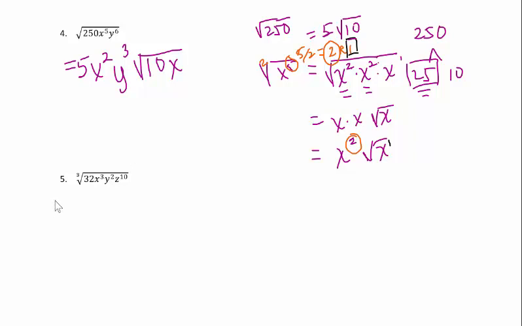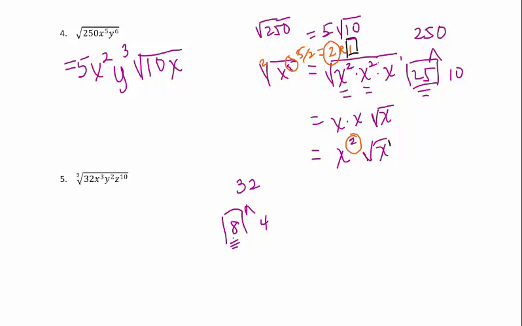And then number 5, we want to simplify the cube root of 32 x to the 3rd y squared z to the 10th. To do that, think about the index, which is a cube root. So we're looking for perfect cubes this time. If I factor 32, I know that based on my perfect cubes 1, 8, 27, 8 definitely goes into 32, so 8 times 4, and that is it.